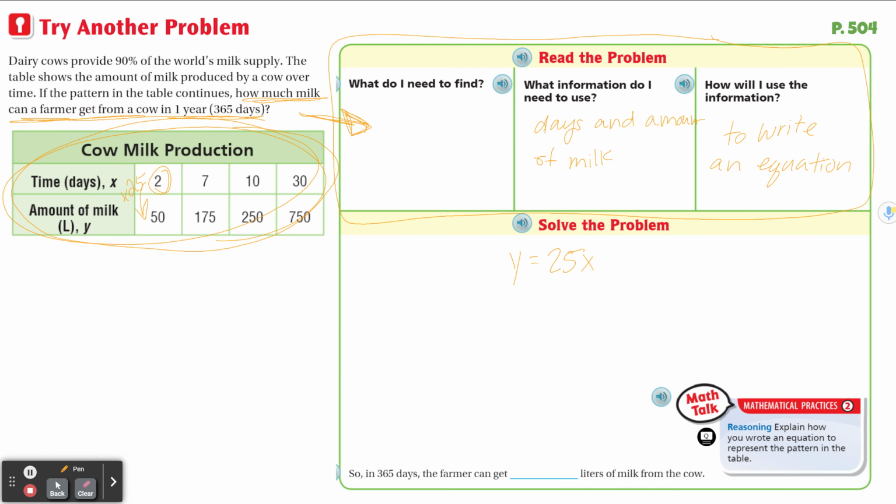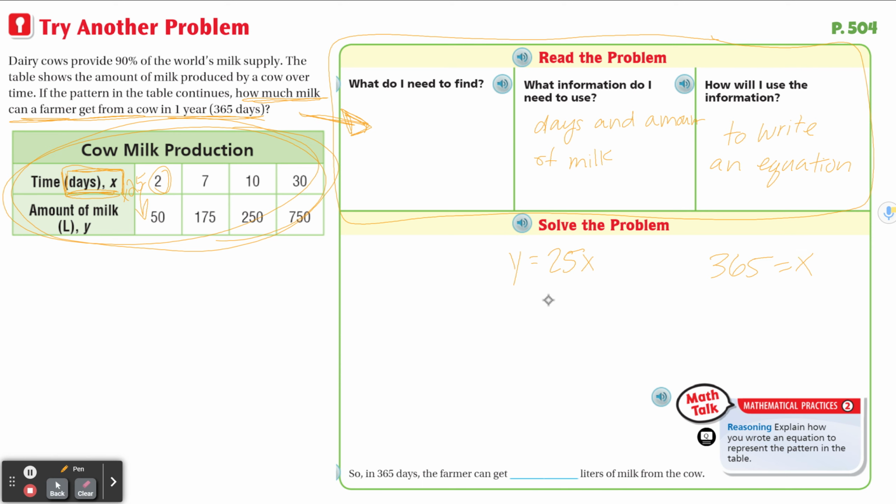All right, so now that we have our equation, we are trying to remember that we want to figure out how much milk we can get from a cow in 365 days. So I'm going to look at our table, and our days are our X values. I'm going to put a little box around this. So we want to put 365 in for our X, because that's how many days we are looking at.